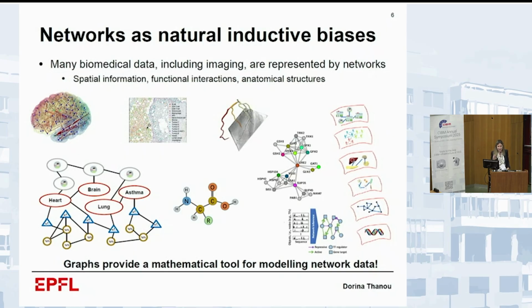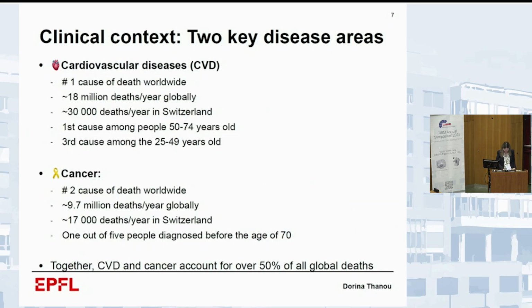You have these complex dependencies between entities that, if exploited, could give you information in terms of extracting useful information from this data. And of course, graphs are just a mathematical tool for modeling these networks, for modeling these complex relationships.